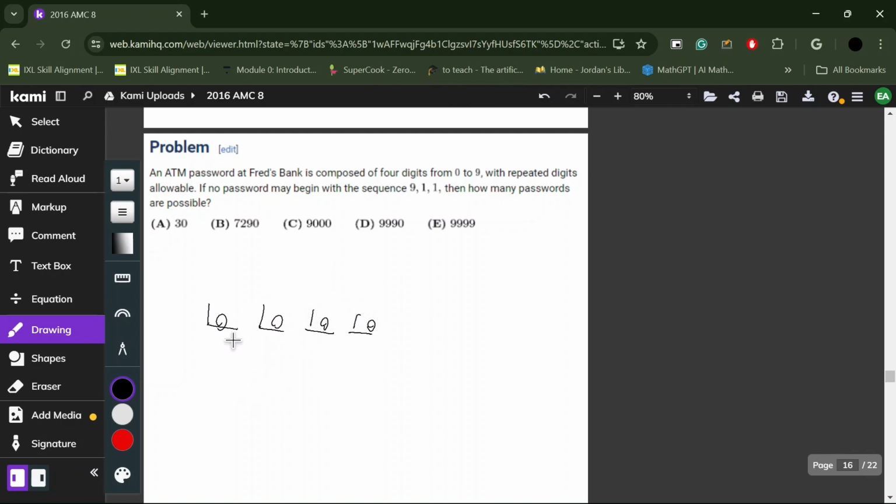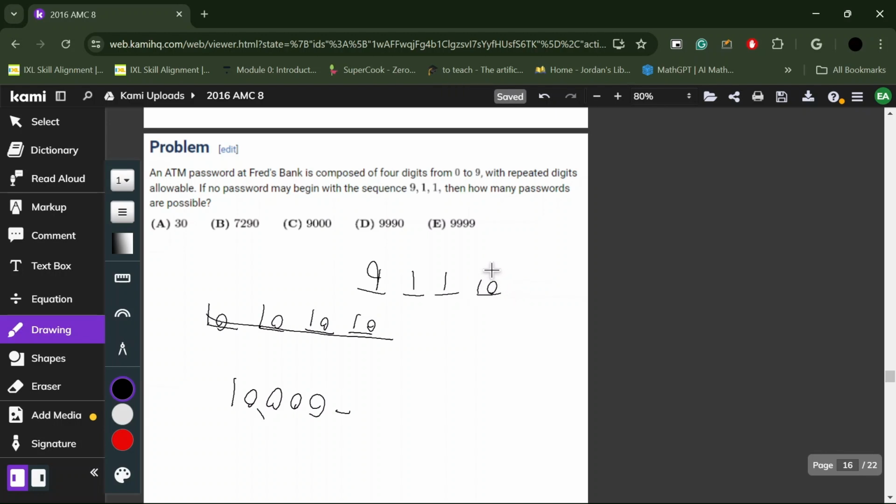So the total number of possible combinations is 10,000, right? Because it's 100 times 100. So we can do some simple subtraction from this. If the digits begin with 911, then this digit still has 10 choices, right?